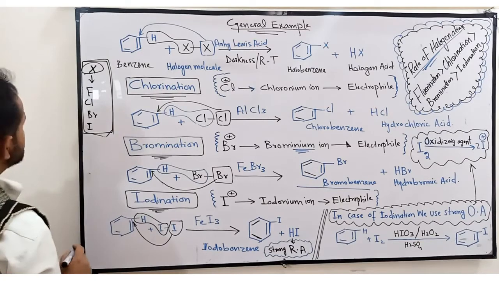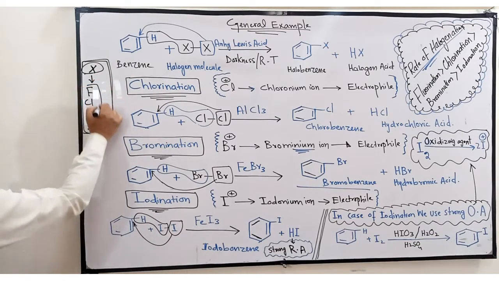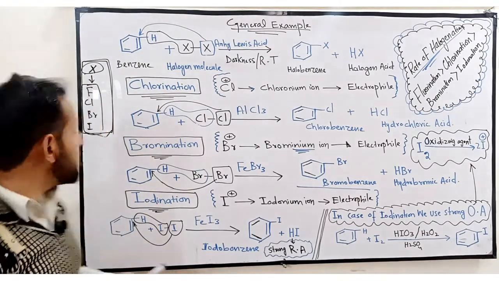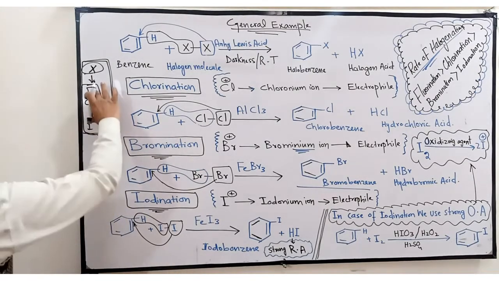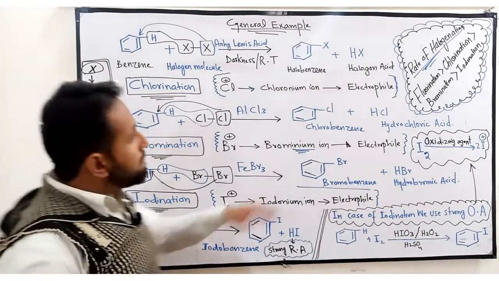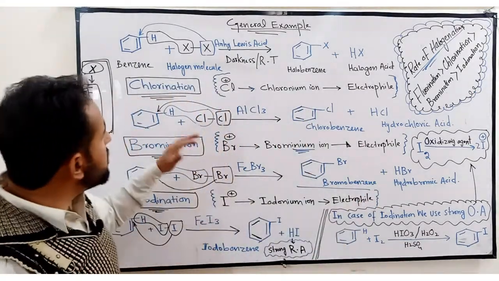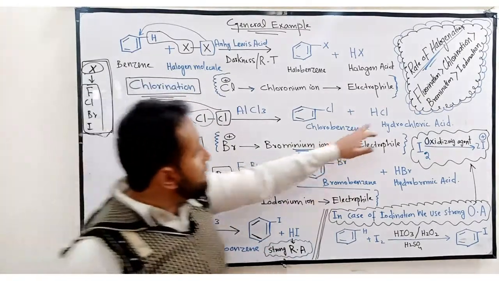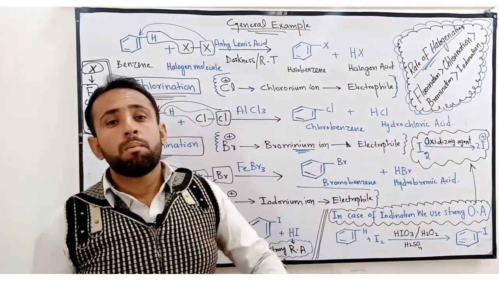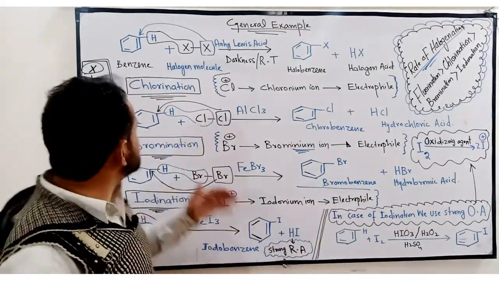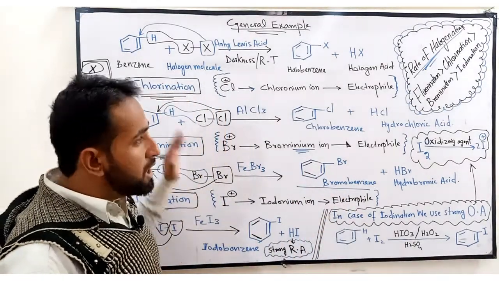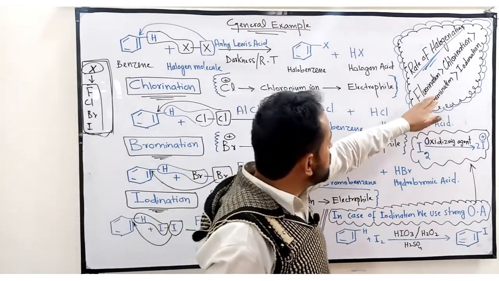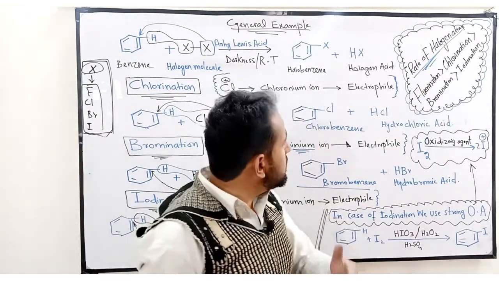Now in case of these four, what will be the rate of halogenation? If I use fluorine as a halogenating agent, the process will be fluorination. The rate of fluorination will be the highest in the halogen family.